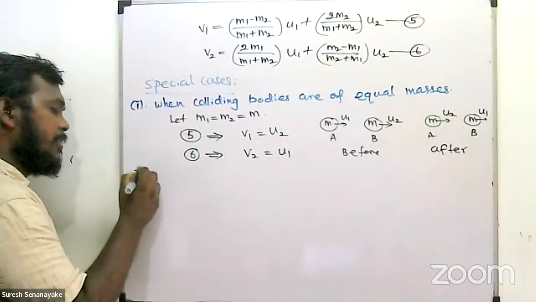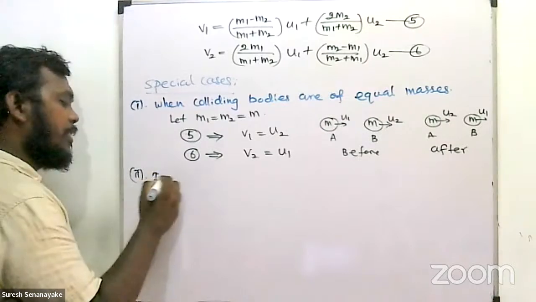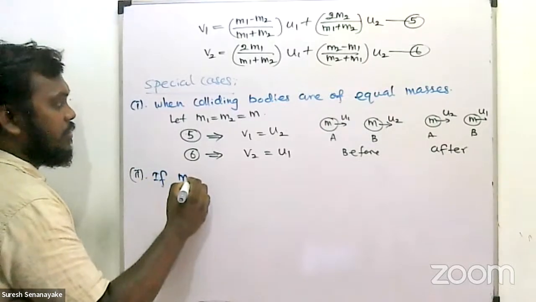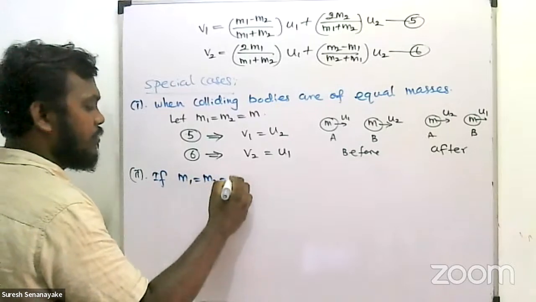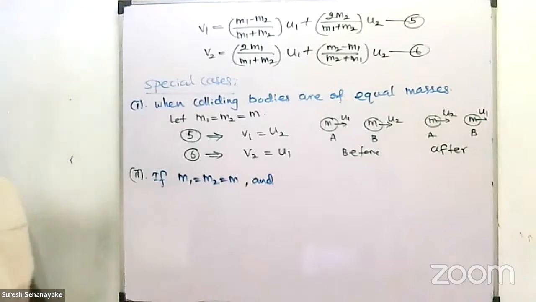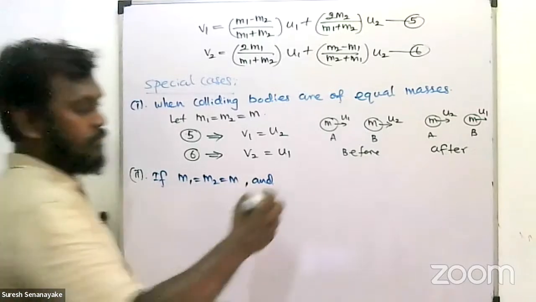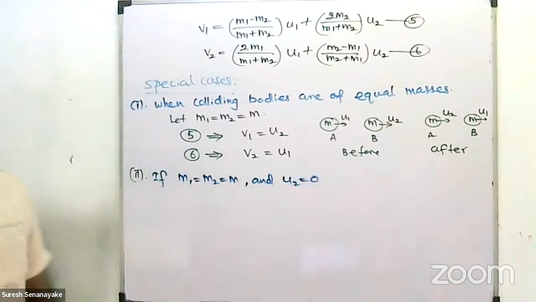Then the second special case, the same thing, but one is stationary. That's m2 equals m, and u2 equals 0. In this case one body has stopped.